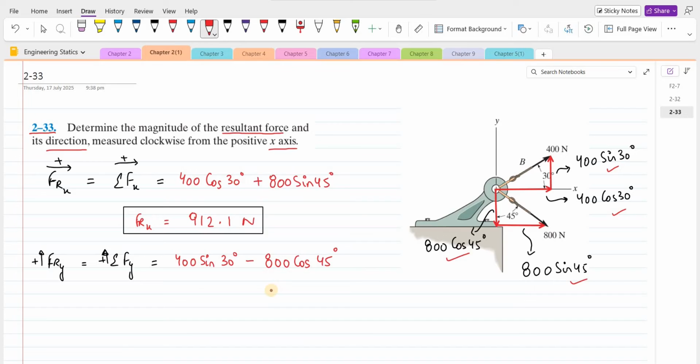Why do we have it negative? Because 800 cos 45 degrees is acting in the downward direction and I have assumed the upward direction as positive. That's why it's negative. Upon simplification, F_Ry comes out to be negative 365.7 Newtons.